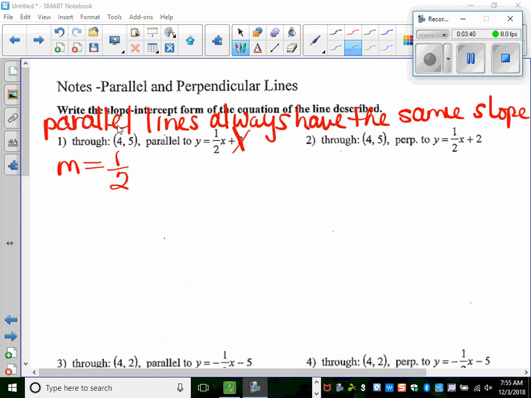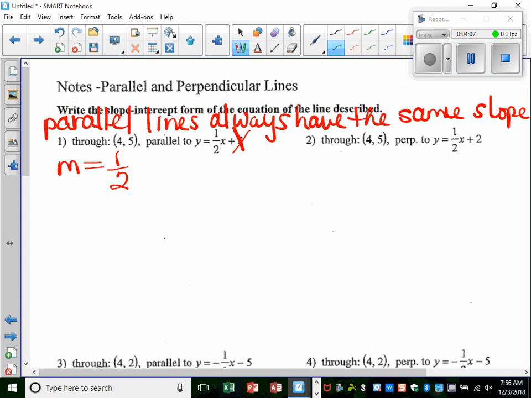So now that you have a point and you know the slope, we're going to put this in point slope form, even though it says I'm trying to get to slope intercept form. Okay, so when you have a point and a slope, always start with point slope form. No matter what form they're trying to get you to, with the information you're given, you want to put this in point slope form. So let's go ahead and do that.